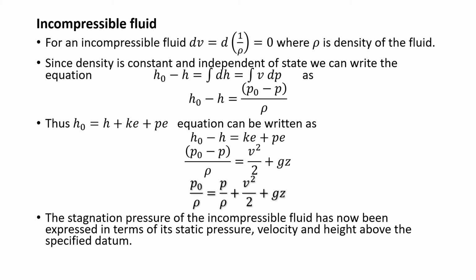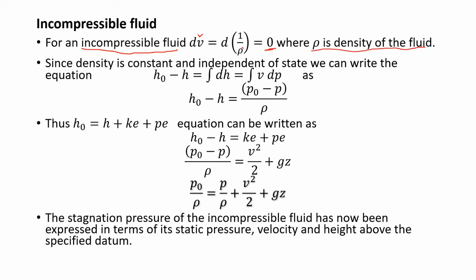Now for an incompressible fluid, incompressible means negligible change in volume, so dV is equal to 0. Specific volume is the inverse of density, where the symbol rho refers to the density of the fluid.